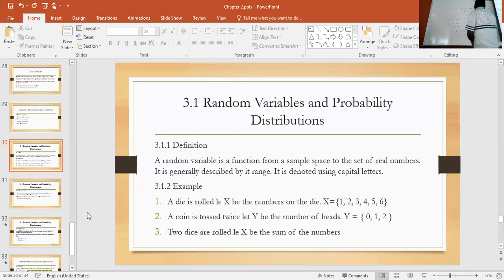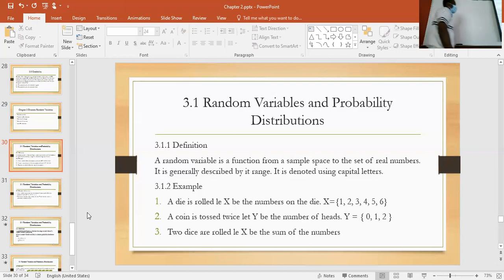We can say that 2 dice are rolled, and we say let X be the sum of the two numbers. We could also say let X be the first number, let Y be the second number, and let Z be X plus Y. So we have an experiment and we transform it into numbers.